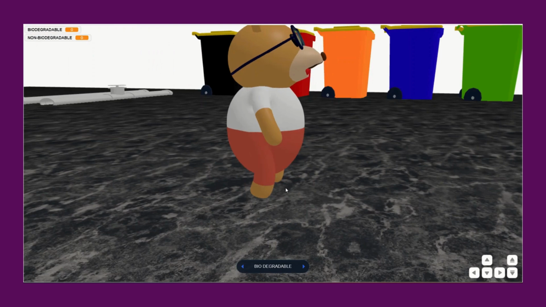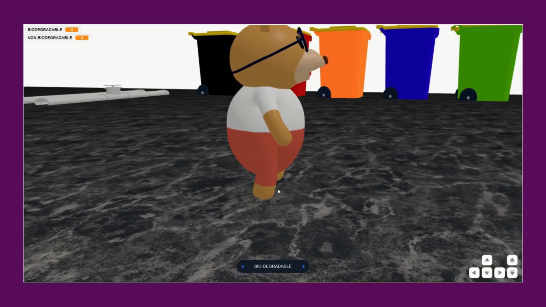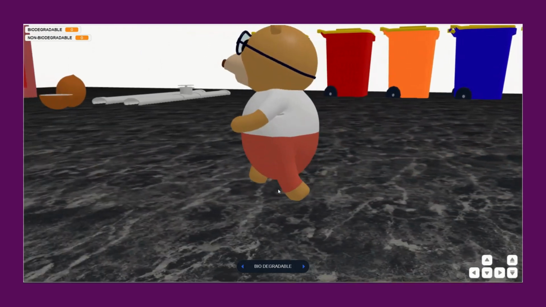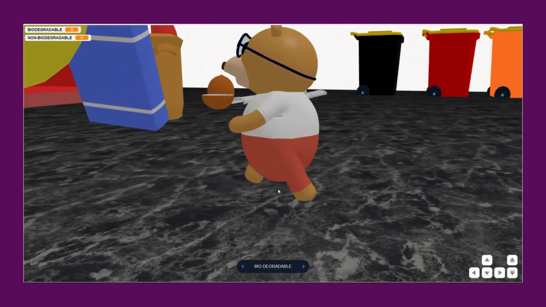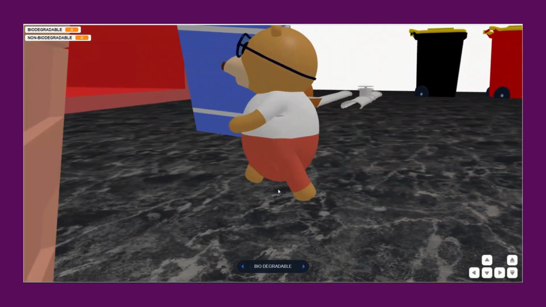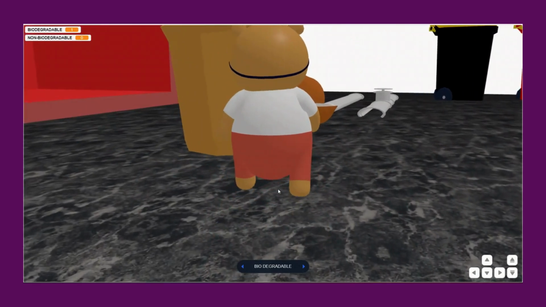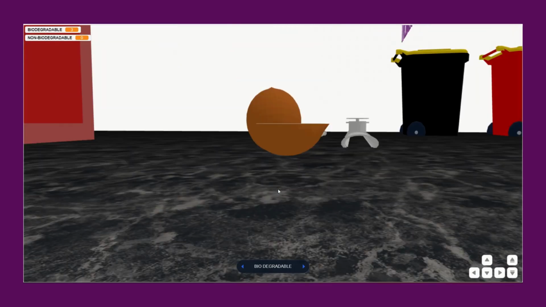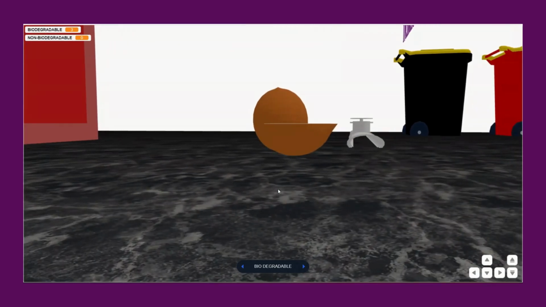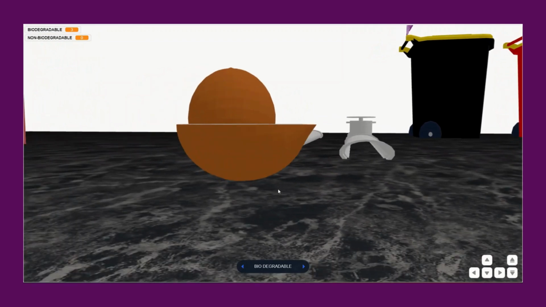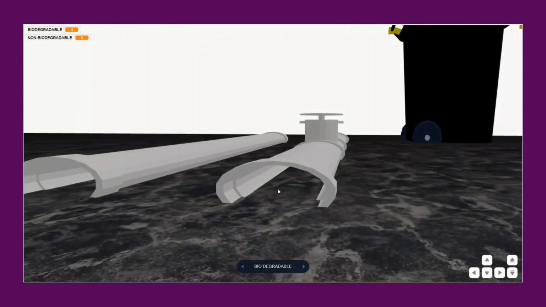Now if I want third person, I will toggle here and make Toby pass through these materials. When he collides with these materials, you can see here, this is a metal pipe.